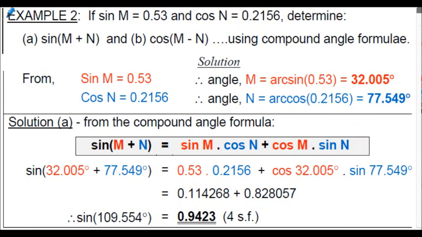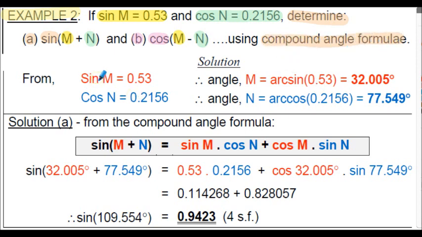Let's consider example 2. If sine of angle M is equal to 0.53 and cos of angle N is equal to 0.2156, we're asked to determine for part A, the sine of the bracket M plus N, and part B, the cos of M minus N, using compound angle formulae.